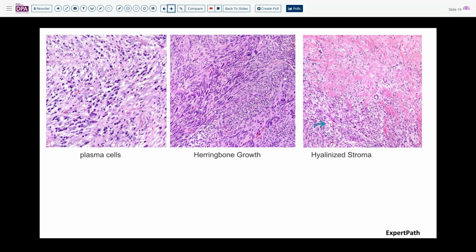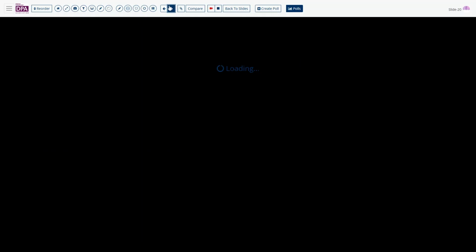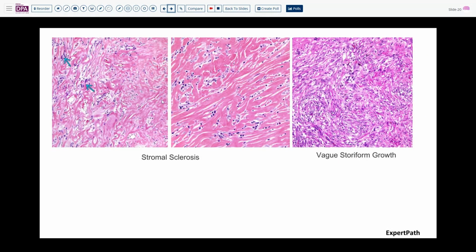But for the cytology, we can still tell this is a myofibroblast. And then in the hypocellular area, they can form this hyaline stroma. And also they can have this sclerotic stroma. Why do I say this is sclerosis and not fibrosis?